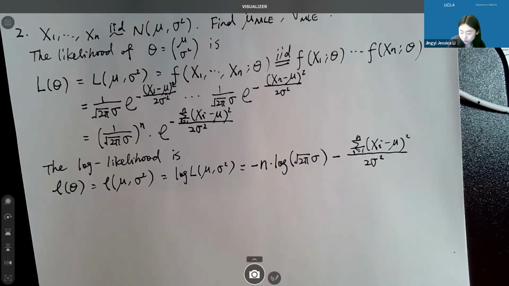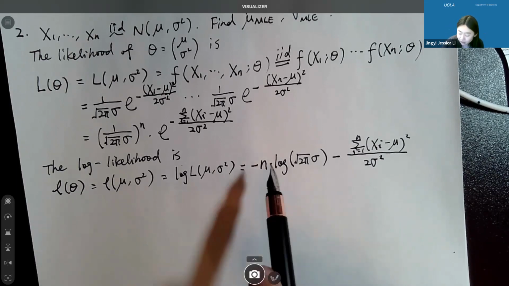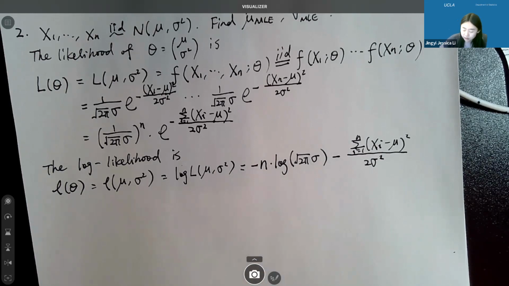So let's try to set each first partial derivative to 0. One key thing I want to say here is that we are regarding sigma squared instead of sigma as the parameter, as the argument. So therefore, we are trying to express every term in terms of sigma squared instead of sigma.